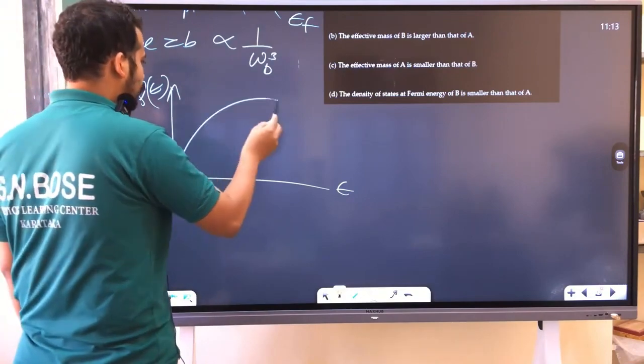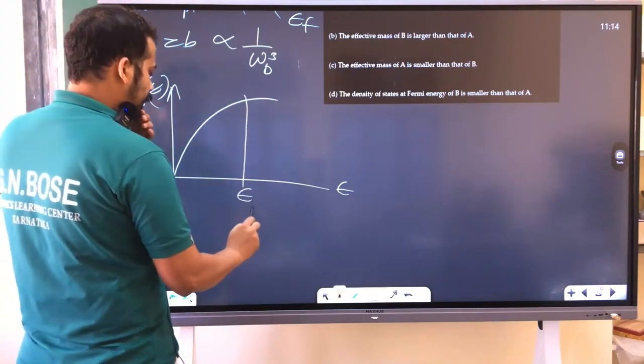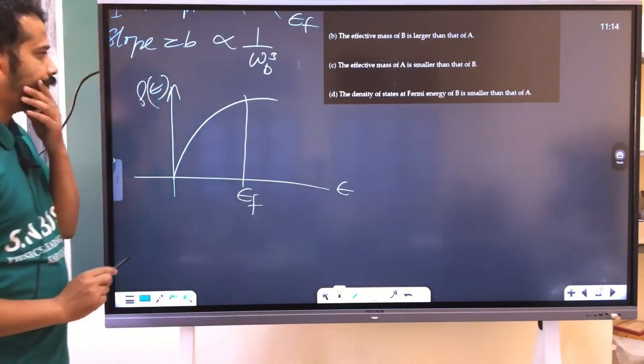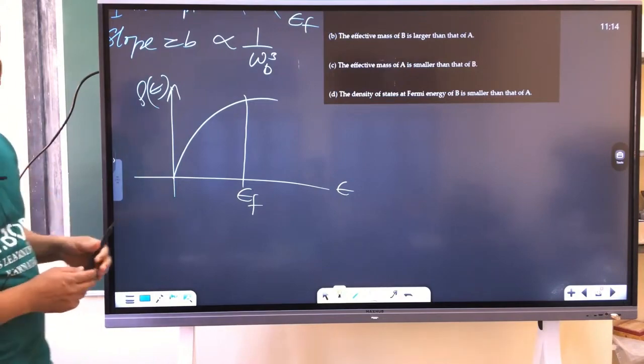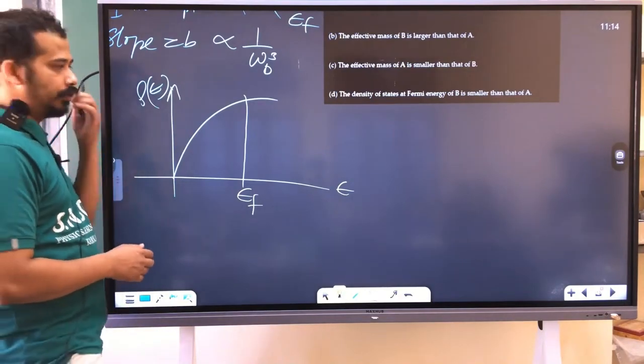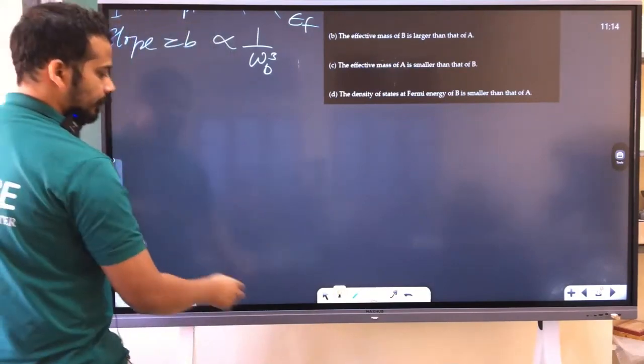It is root E like this, and somewhere here you have the Fermi energy EF. We can answer.